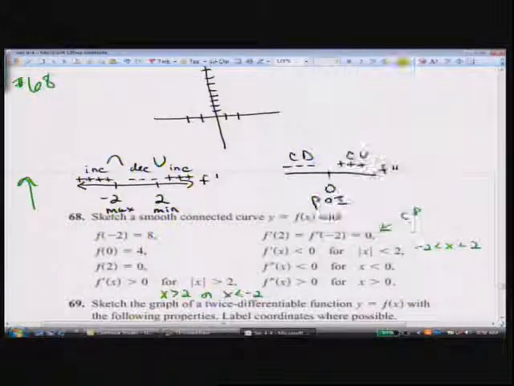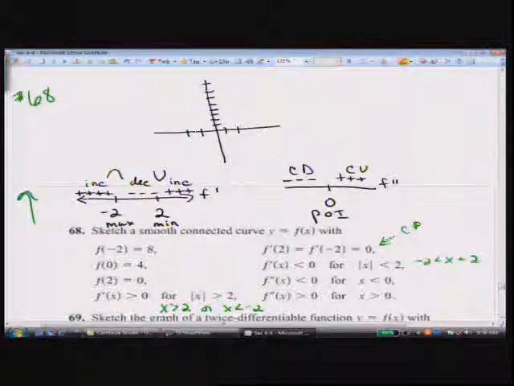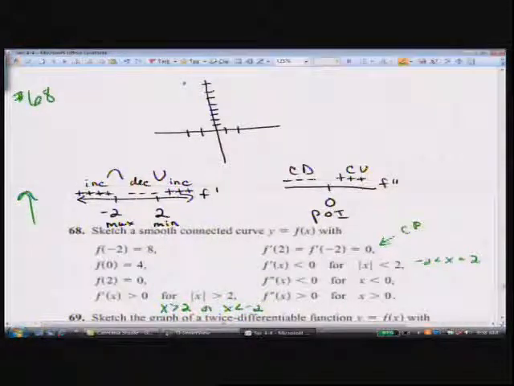So -2, 8. Let me pick the thin one. 0, 4, and 2, 0. So I have a max, a change in concavity, and a min.